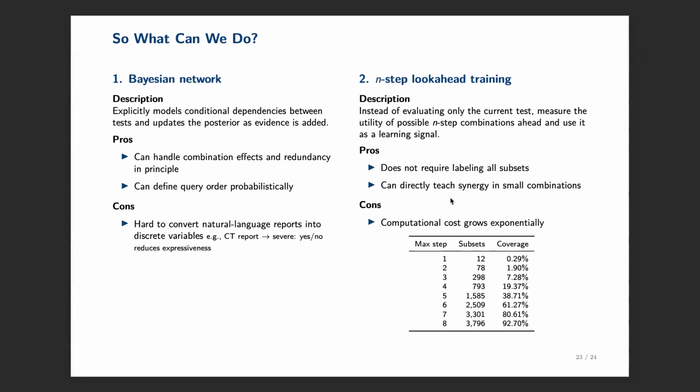The second direction is n-step look-ahead training. Instead of evaluating only the next test, we evaluate short combinations of future tests and use that as learning signals. Both directions are trying to address the same issue. Diagnostic evidence is not always independent, but I will leave the detailed discussion for future work after the experiments are more complete.